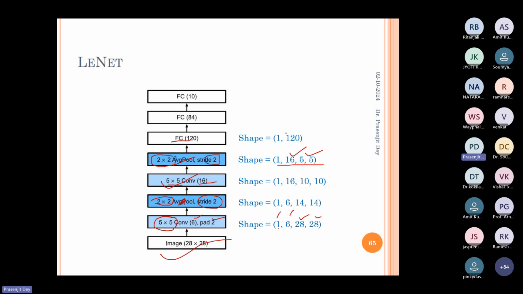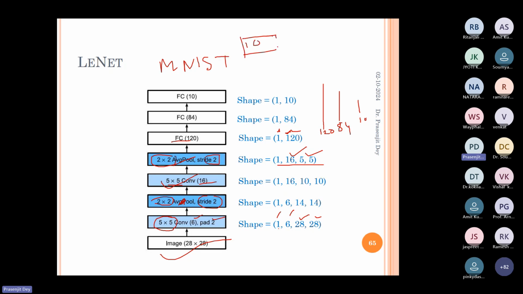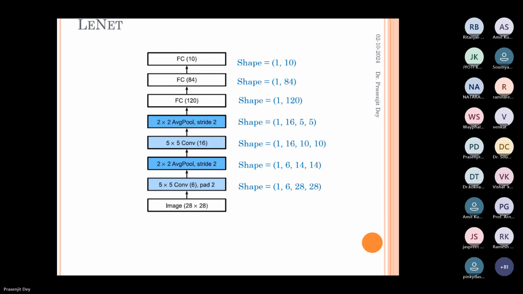So there will be only one channel, and the number of nodes will be 128. So it is like a hidden layer having 128 hidden nodes. And after that, another hidden layer having 84 hidden nodes. And finally, the output layer, which has 10 nodes. So this works on the MNIST dataset. The MNIST dataset has 10 output classes. So 10 categories are there. That is why the number of output nodes was 10 in this case.